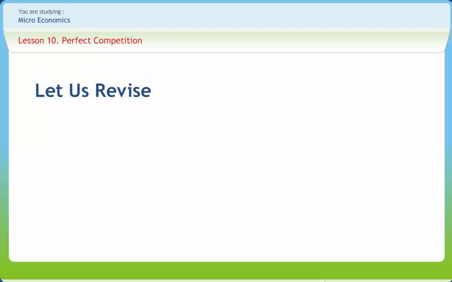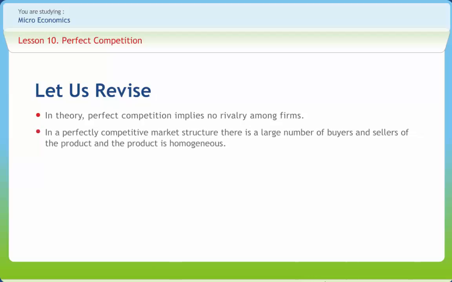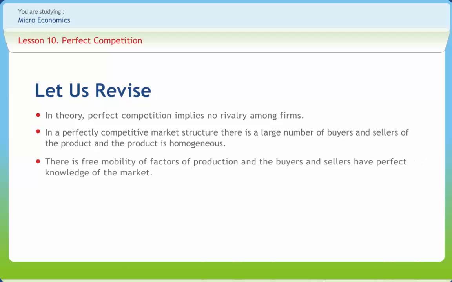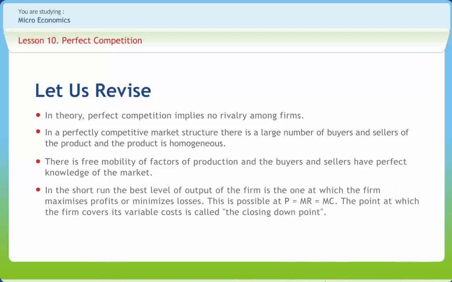Let's revise the whole concept. In theory, perfect competition implies no rivalry among firms. In a perfectly competitive market structure, there is a large number of buyers and sellers of the product, and the product is homogeneous. There is free mobility of factors of production, and the buyers and sellers have perfect knowledge of the market. In the short run, the best level of output of the firm is the one at which the firm maximizes profits or minimizes losses.